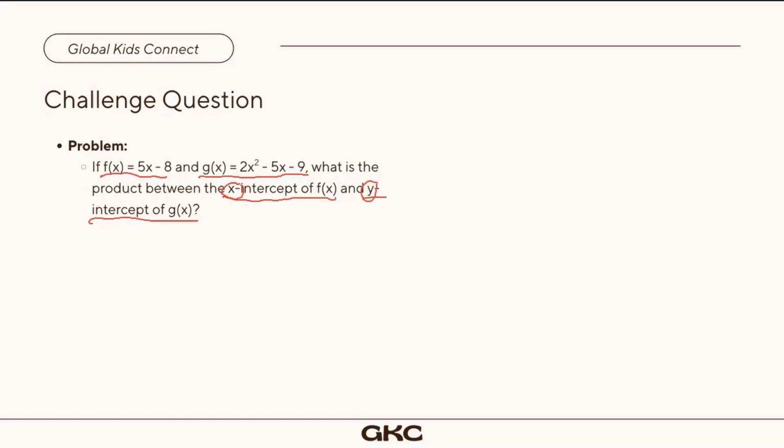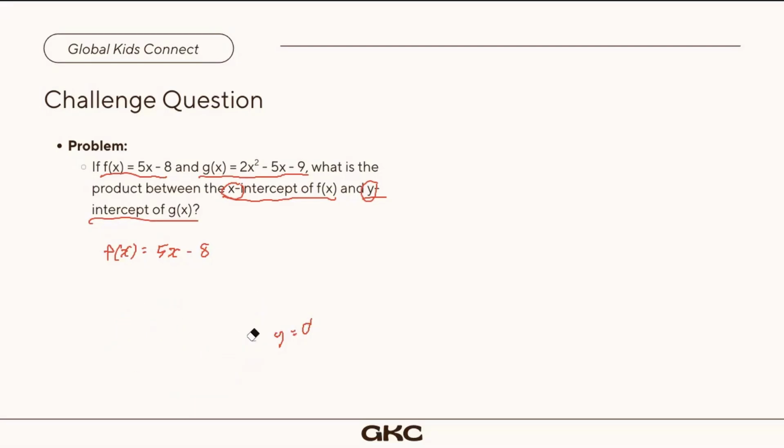And so we can say for f of x, if that is equal to 5x minus 8, then we have to find the x-intercept. If you remember, the x-intercept is when a graph touches the x-axis, which is also when the y value is equal to 0.